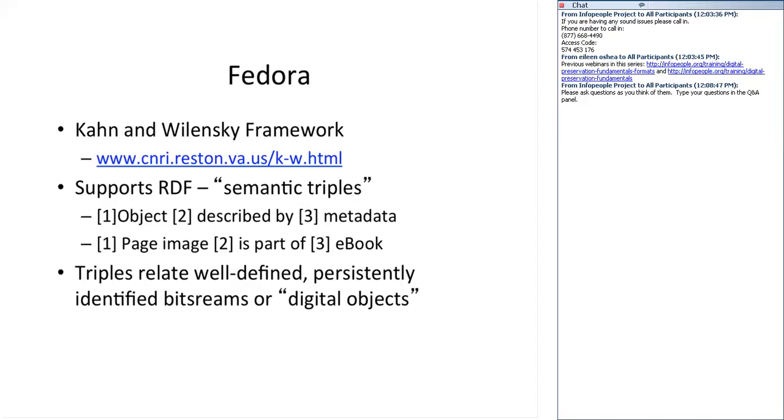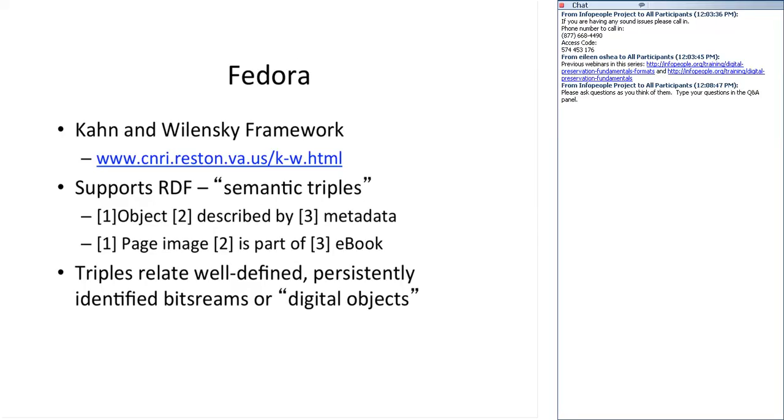Fedora, just to point a little bit more to its depth, is based on the Kahn and Wilensky framework, which essentially supports this notion of semantic triples. If you are looking to impress a computer scientist at your next cocktail party, this is a slide for you. A semantic triple is essentially an object described by metadata, or a page image that's part of a book.